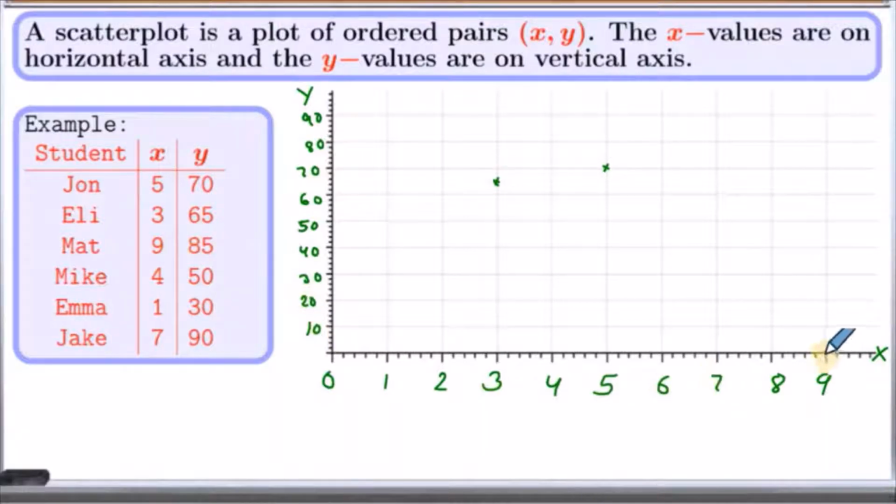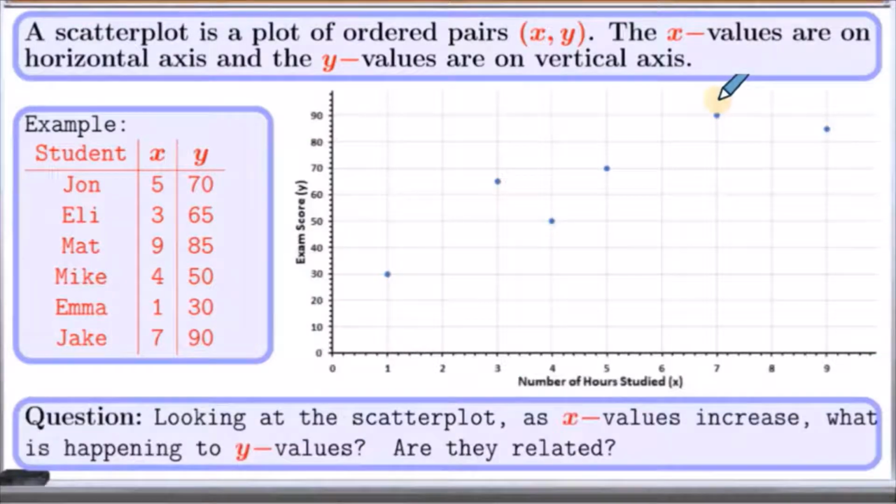So x value is 9 and y is 85. So 85 is in between 80 and 90. So the other one is 4, 50. So 4 is here and 50 is here. The next one is 1, 30. So 1 is here and 30 is here. Finally, the last one is 7, 90. So 7 is here and 90 is over here.